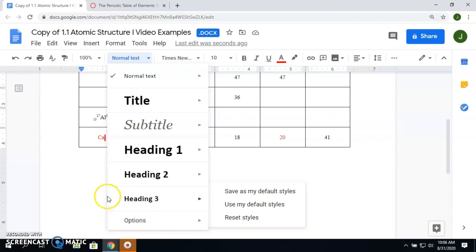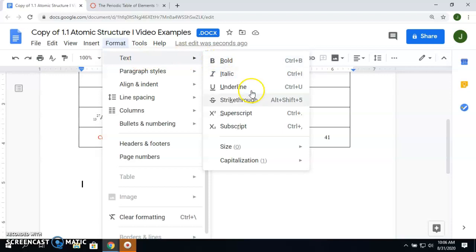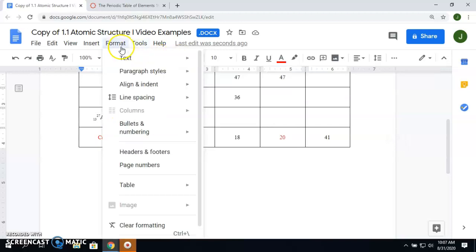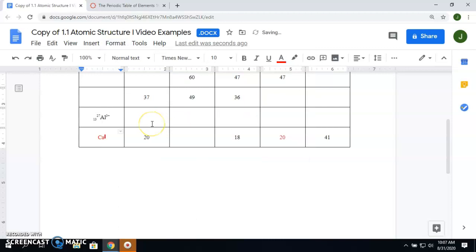Nope, it's not cooperating this way. So how about Format, Text, Superscript? That's the way that we can do this. Okay, so Format, Text, Superscript. And it's 2+. By the way, you can put either +2 or 2+. It means exactly the same thing.